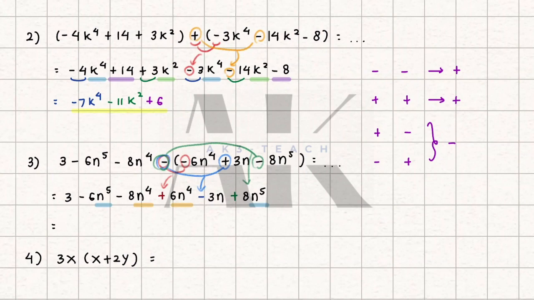What does it give us? It gives you 2n to the power of 5. And then for n to the power of 4, you have negative 8 plus 6. It gives you something like that. And then we'll just rewrite what we cannot group with the other parts, which are minus 3n plus 3. And this is the final answer for practice question 3.